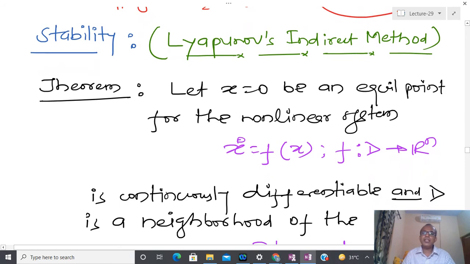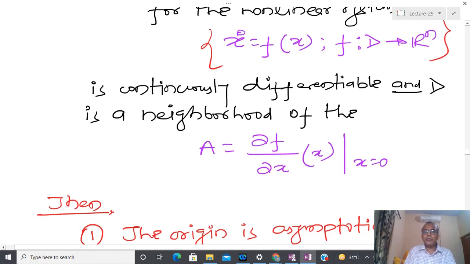Now let us come to the Lyapunov indirect method. What the Lyapunov indirect method is telling: suppose I have some system, like x dot equal to f(x), and x equal to 0 is the equilibrium point. One more important thing is that whatever function f(x) is, it should be continuously differentiable.